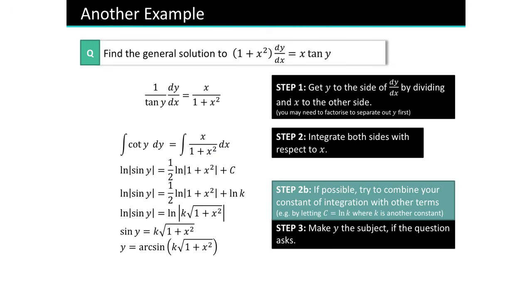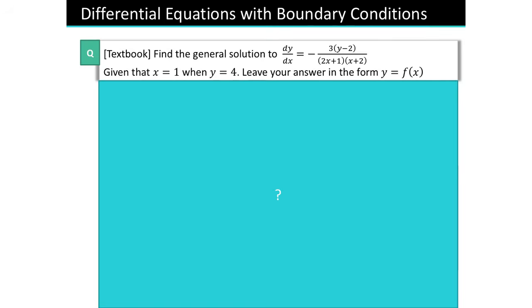Perfect. So we can see here that if possible, we always want to try and combine our constant of integration with other terms. This is what the aim is, to try and get that constant of integration combined with the other terms. Okay, so now, differential equation with boundaries, you do everything exactly the same.